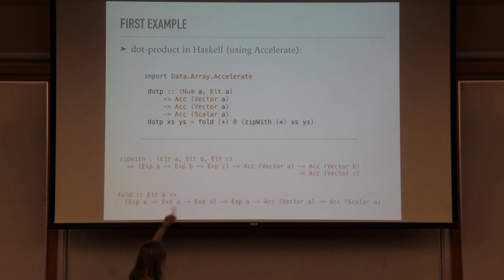And fold also wants a sequential operation. It also wants, and that's something we can't express in Haskell's type system, a function that is associative. It has to be associative.